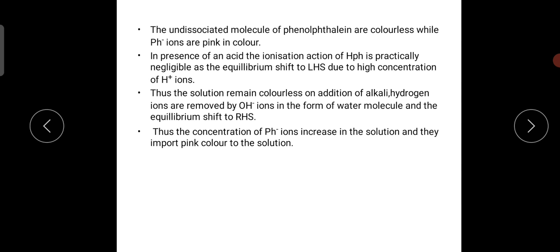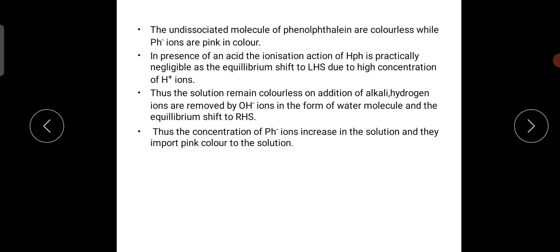In the case of acidic medium, ionization of phenolphthalein will be less. Ionization decreases in acidic medium, so the equilibrium shifts to the left-hand side due to the high concentration of H positive ions. So in acidic medium, the phenolphthalein color decreases. In alkaline medium, the equilibrium shifts to the right-hand side, because hydrogen ions are removed by OH minus in the form of water molecules.